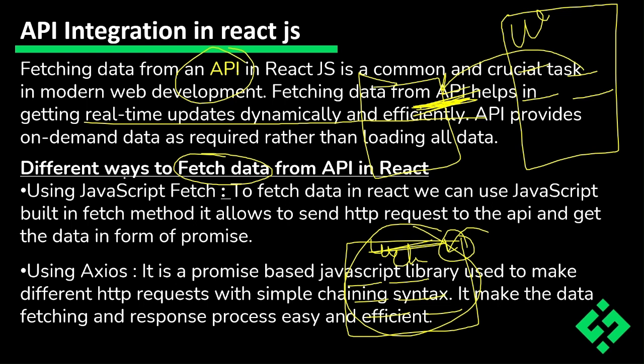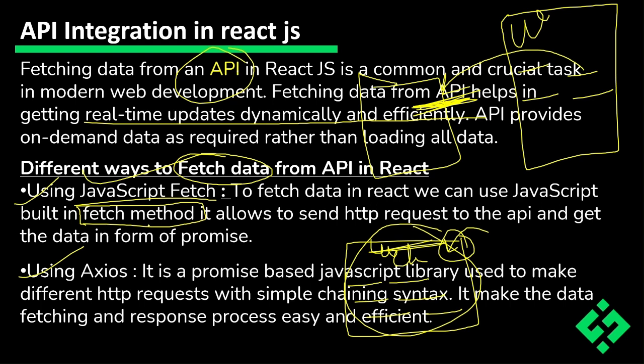All right. Now, how do we fetch data from an API in React? We can do it via two methods: one is JavaScript fetch and one is Axios. In the example I'm going to show you in a short while, we will be using JavaScript fetch. I hope you are a little aware of the fetch method.